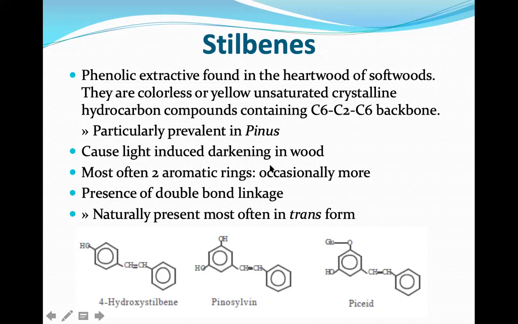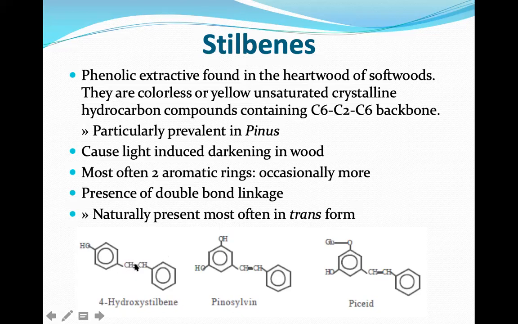Often two aromatic rings. Here you can see one aromatic ring, another aromatic ring, and sometimes more aromatic rings can be present, but two aromatic rings minimum. Presence of double bond linkages. Here you can see the presence of double bond linkages, unsaturation, and naturally present most often in trans form. Cis and trans forms in the chemical structure are very important.